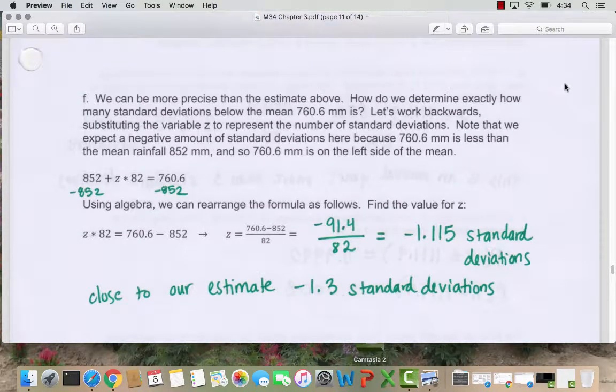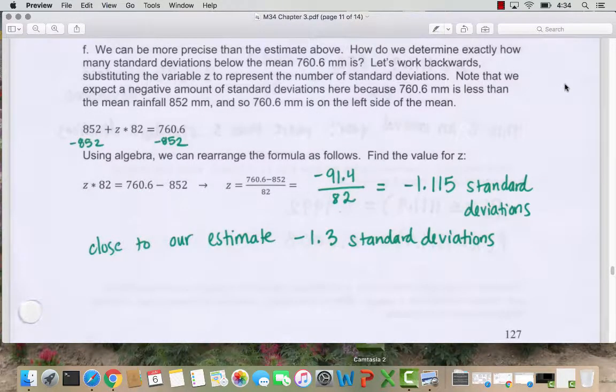So we can be more precise in this estimate. We can work backwards to try to find exactly how many standard deviations away we are. So here's our formula. We were saying 852 plus however many standard deviations we were, times our standard deviation of 82, and we expect to end up at 760.6. So using algebra, if we want to solve for z, which is representing the number of standard deviations, we subtract 852 from both sides, and we get z times 82 is 760.6 minus 852.